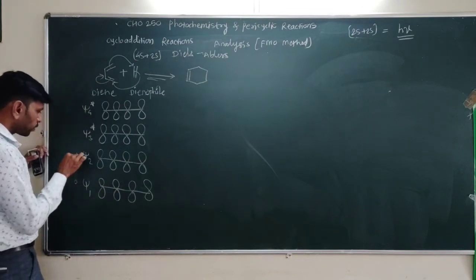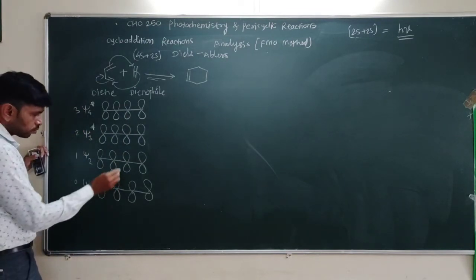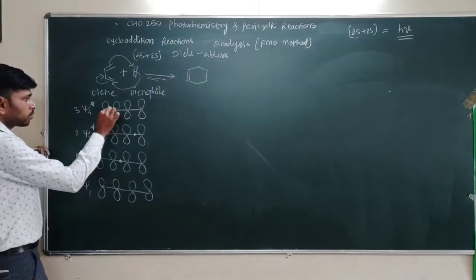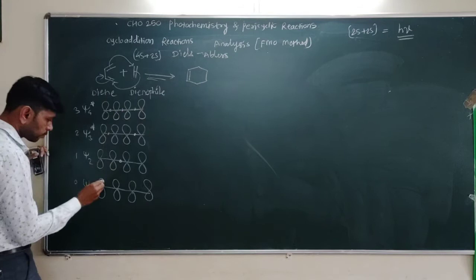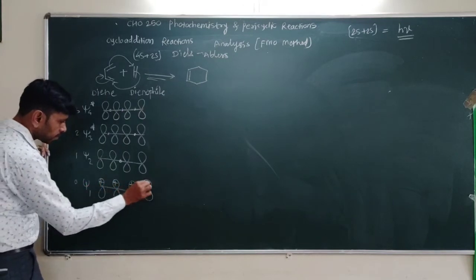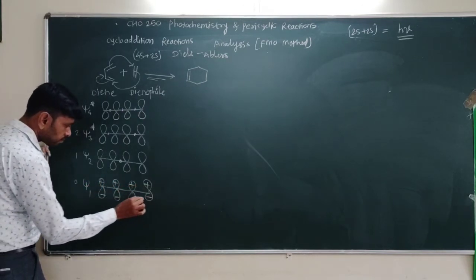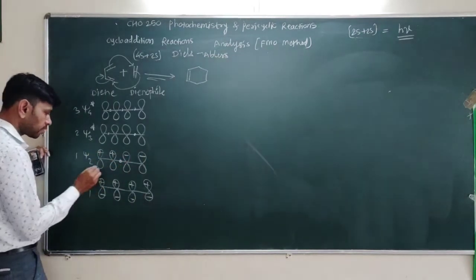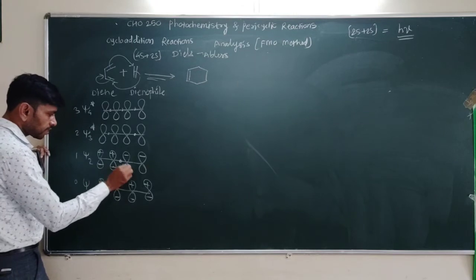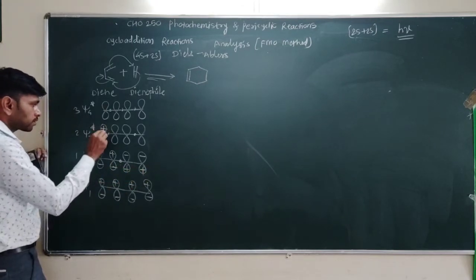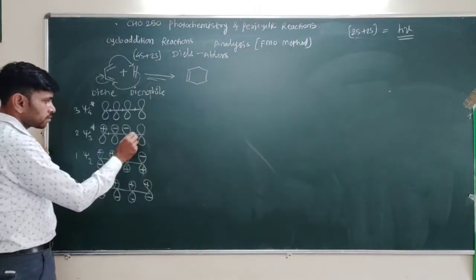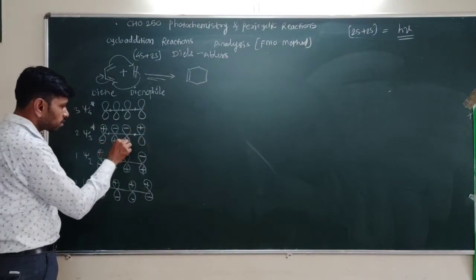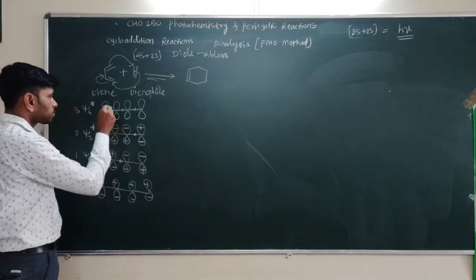See here: 0 node, 1 node, 2 nodes, 3 nodes. So plus, plus, plus, plus, minus, minus, minus, minus. Here plus, plus, after the node it changes to minus, minus. Then the remaining signs: plus, after a node it becomes minus, minus, after a node again it changes to plus. When there is a node in the system, the sign changes.